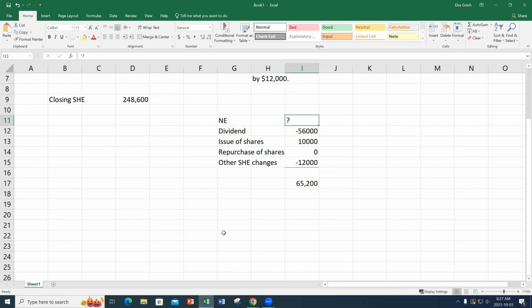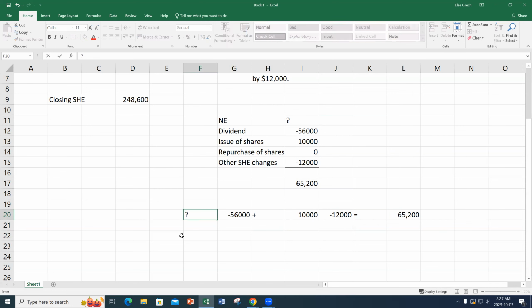I can convert this math sentence to being 56,000 and then add in the 10,000, deduct the 12,000, and this is equal to 65,200.